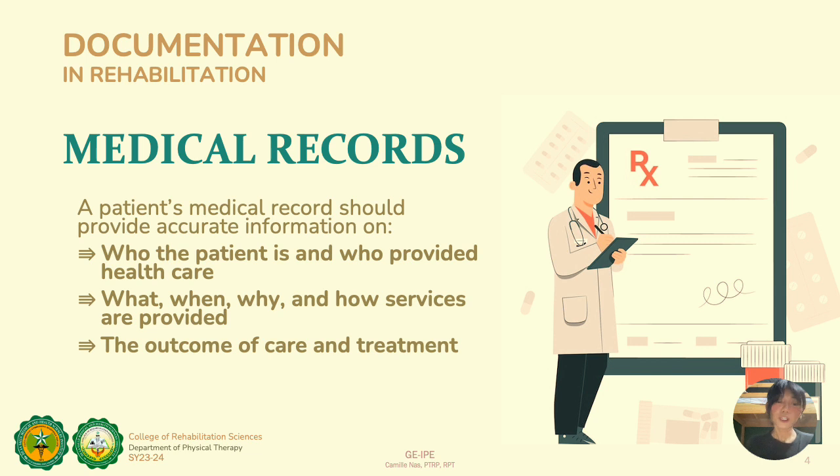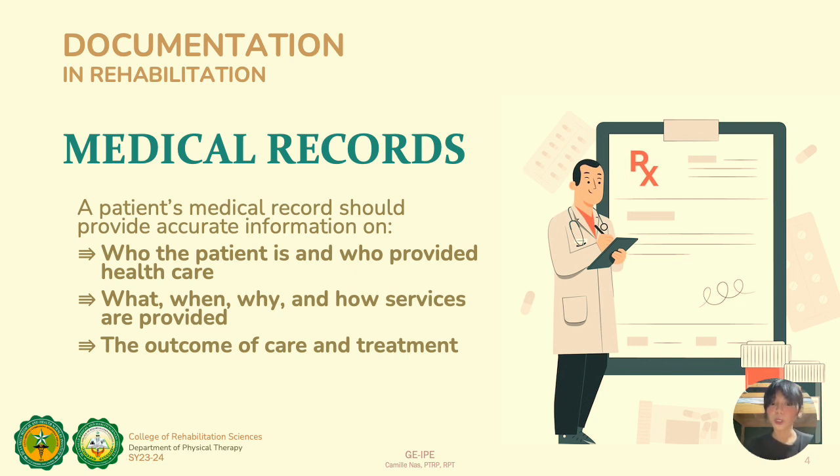Okay, so a patient's medical record should provide accurate information on who the patient is and who provided health care. Yan nga. So dapat everyone and anyone who's included as part of the team in taking care of the patient should have the names and the information written there. And make sure na tama yung information, personal information written there of the patient.